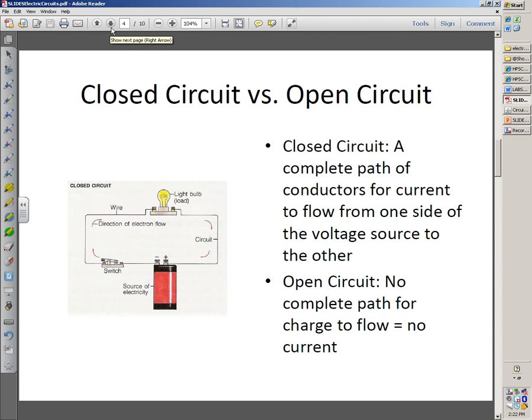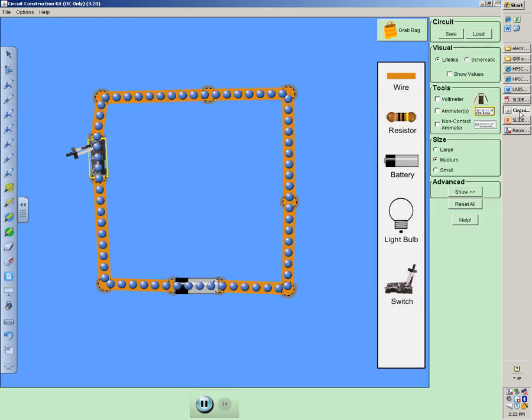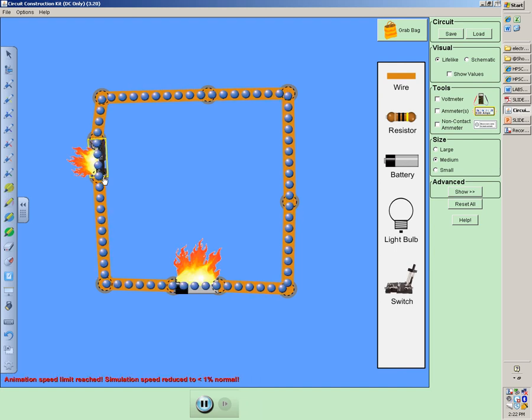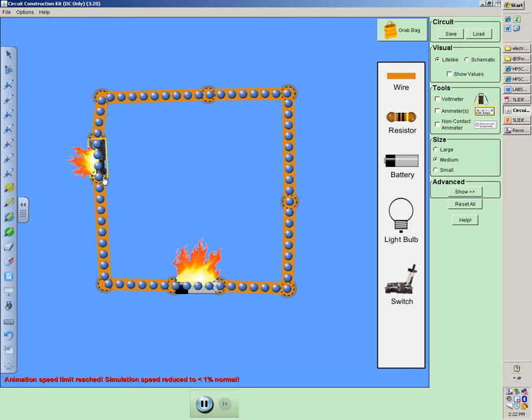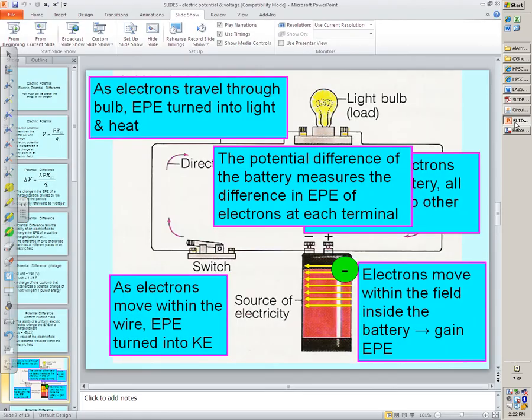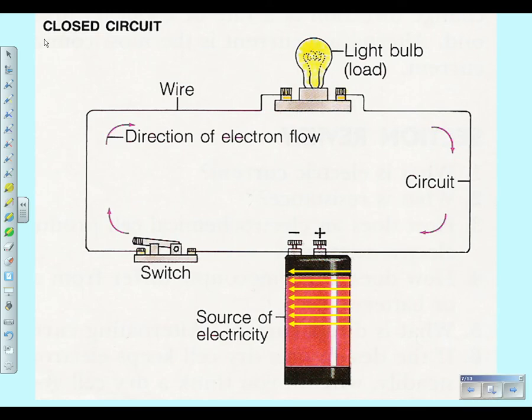All right, good there? Okay, so let's talk about a couple of things first. Open circuit, closed circuit. Now, going back to a slide that we've looked at before, this one, right? We've seen this a couple of times. What's the purpose of the battery? What does the battery do for us in this circuit?